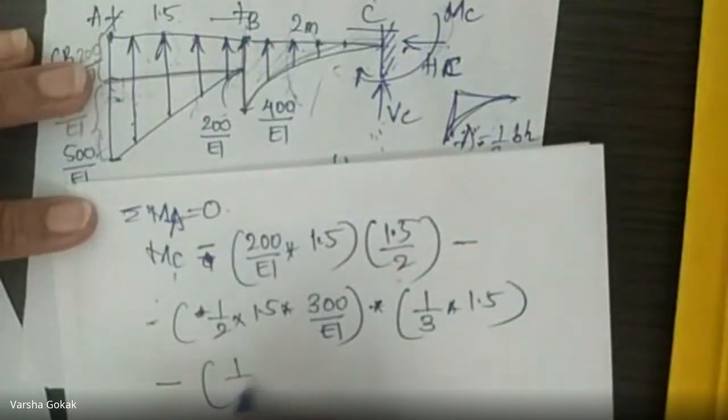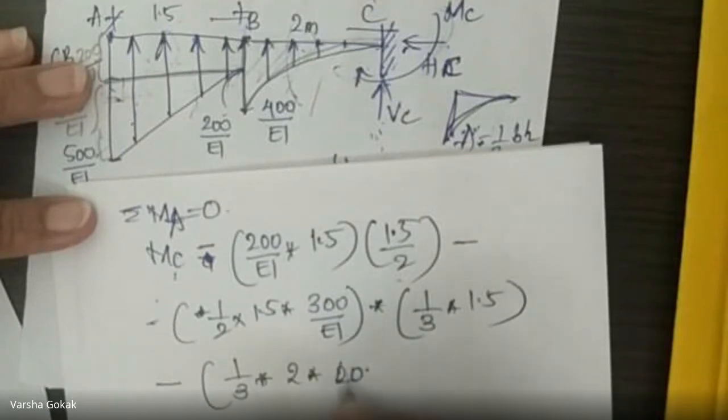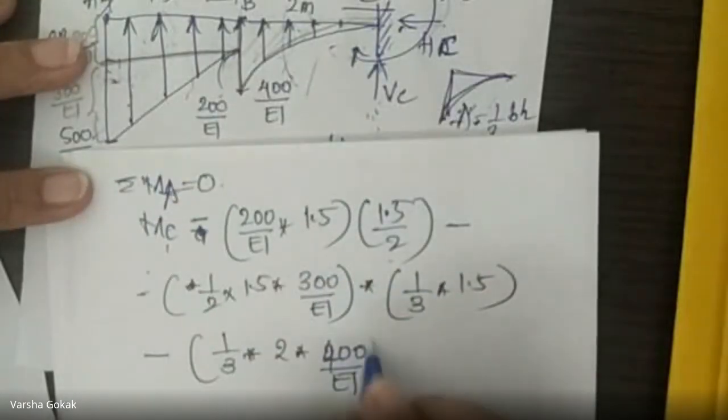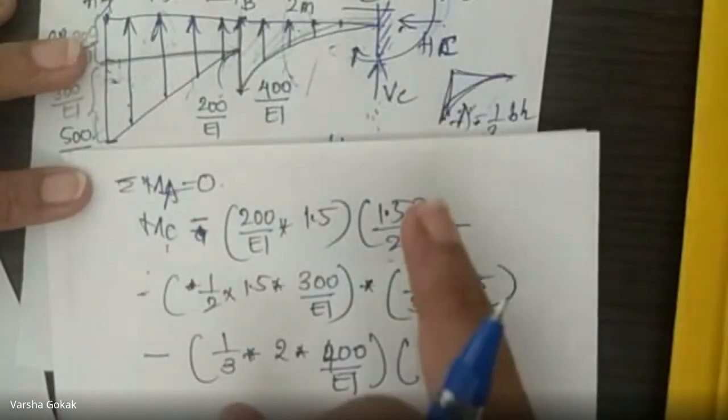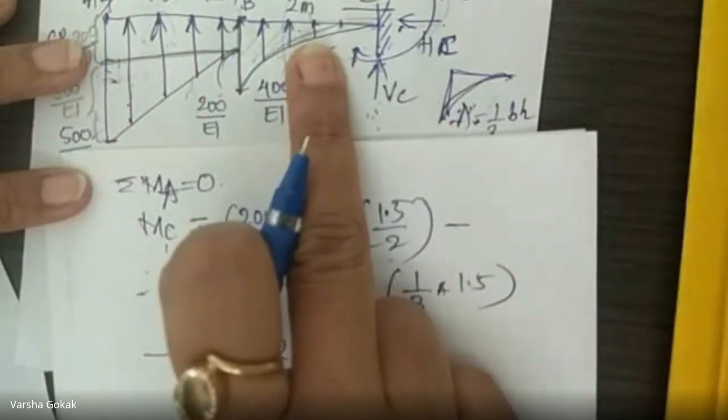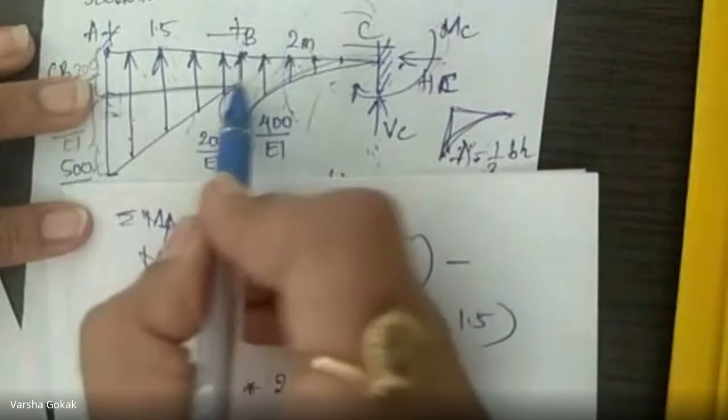Then minus this one. Now this area we know. What is the area of that? 1/3 base into height. Base is 2. Height is how much? 400 by EI. Right? 1/3 base into height into its CG. Now when I'm taking the CG of this, how do you take it? It is going to be 1/4.